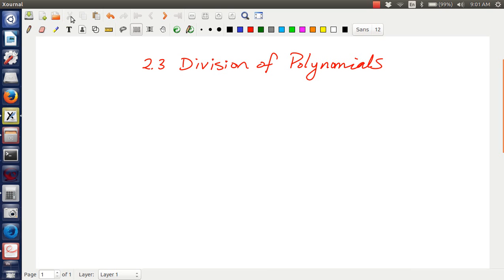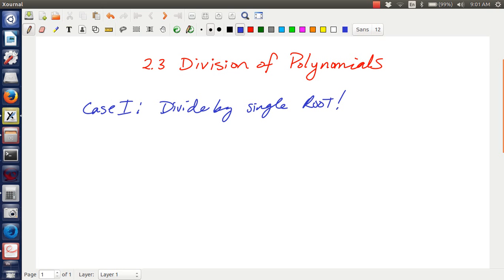All right, case 1 is dividing by a single root. So the way this problem could look is something like this.